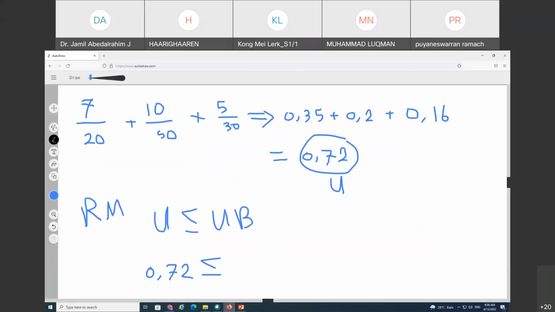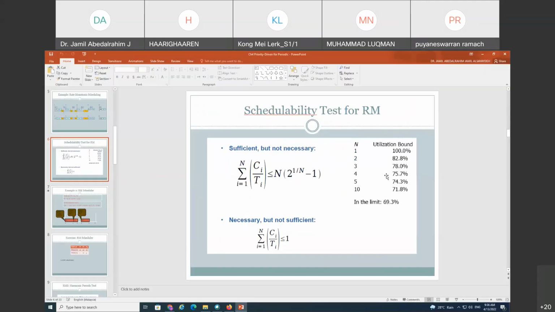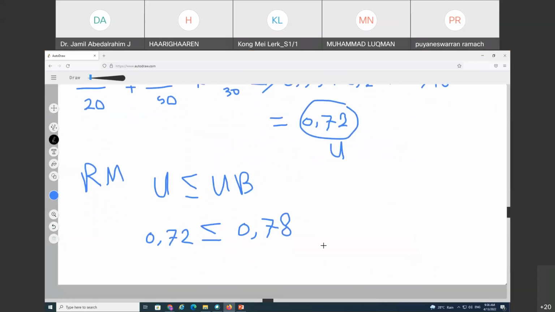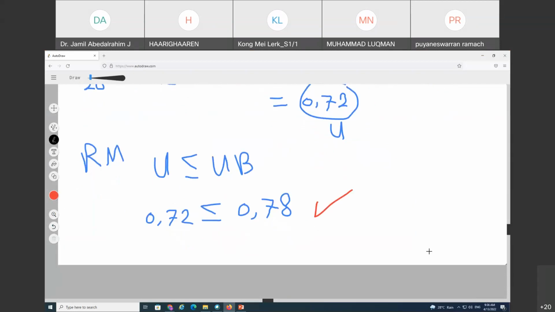We have 3 processes. What is the utilization bound of 3 processes? 0.78. Is it schedulable for rate monotonic? Yes, it's schedulable. What about EDF?